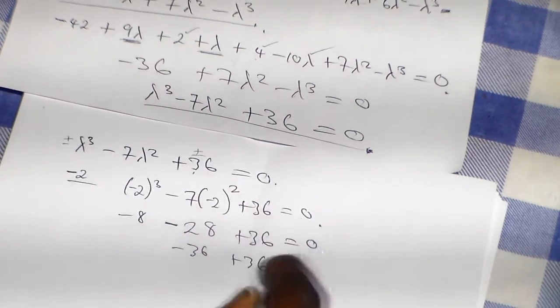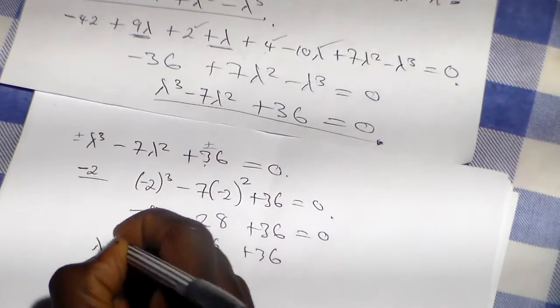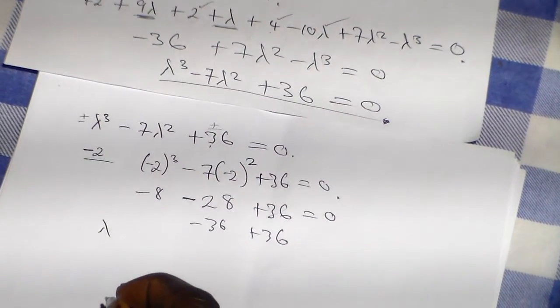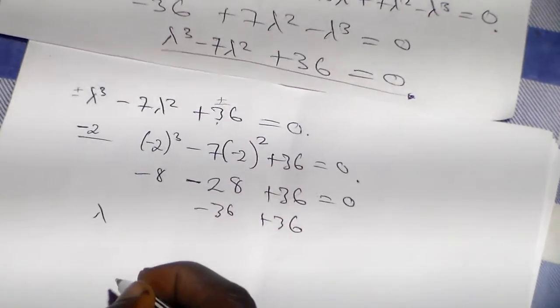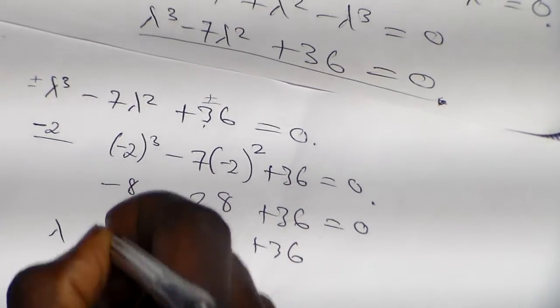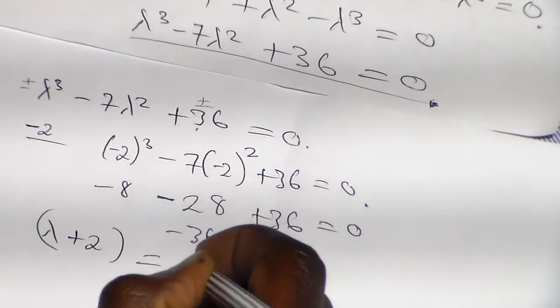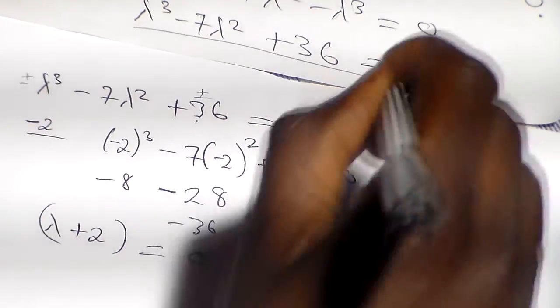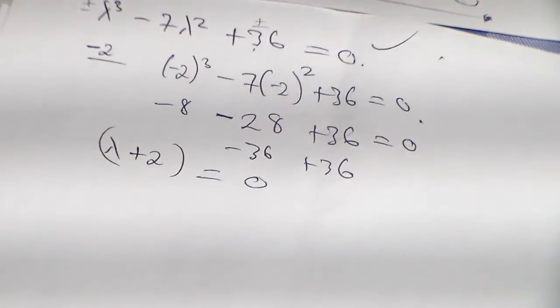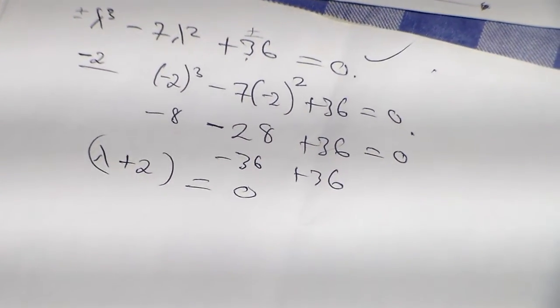So it means that lambda plus 2 is equal to 0 is a factor for this characteristic equation.